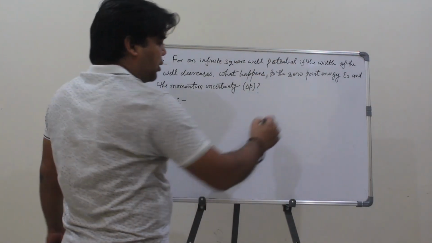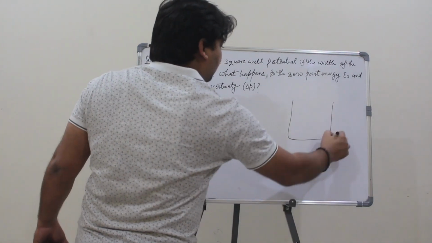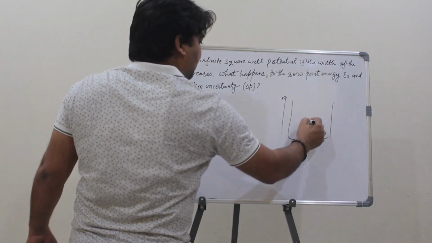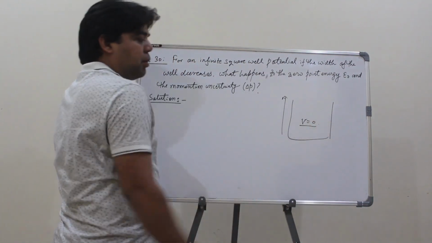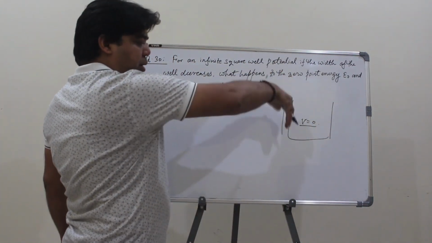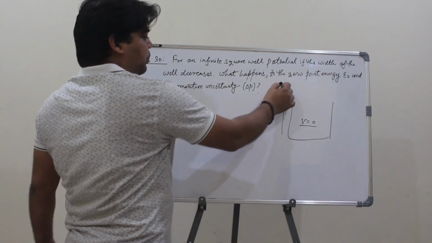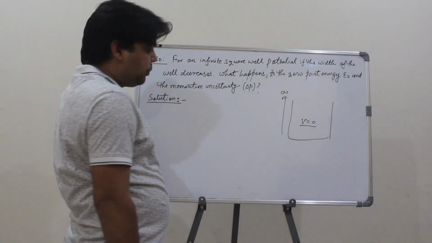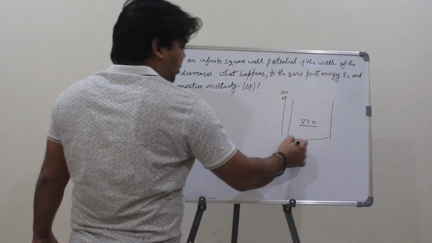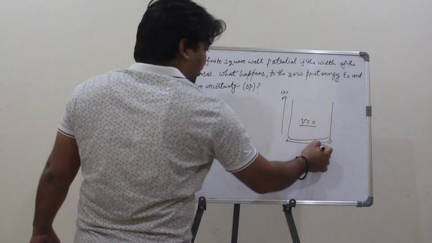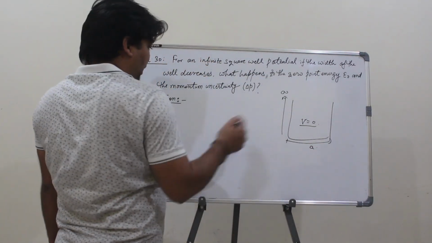It is something like this: the potential is 0 inside, the height of this potential well is basically infinite, and the size is from 0 to A. You can say it as A.